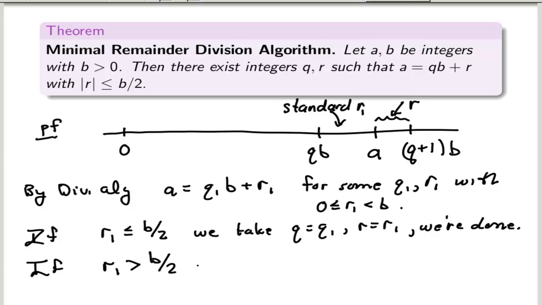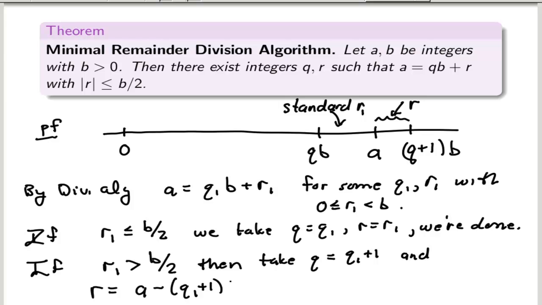So then we take Q to be the next multiple of B, so let it be Q1 plus 1. And R would be A minus (Q1 plus 1)B.